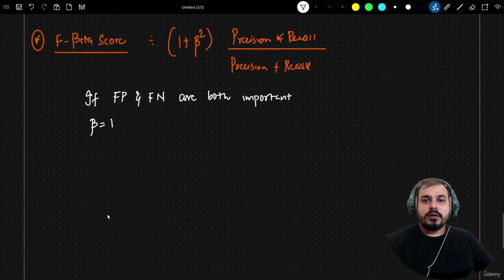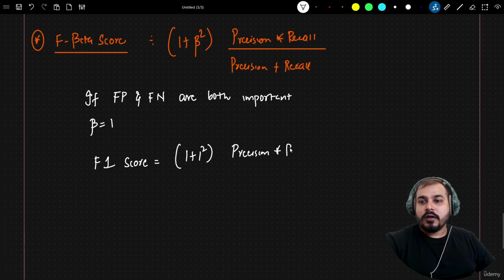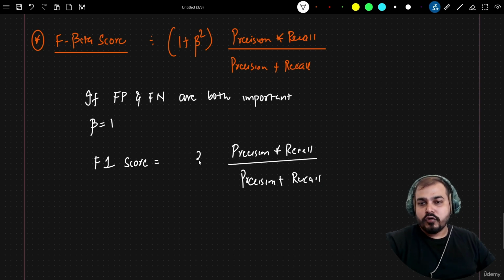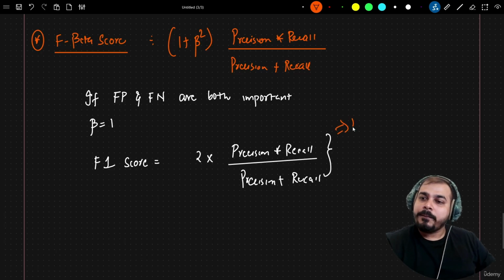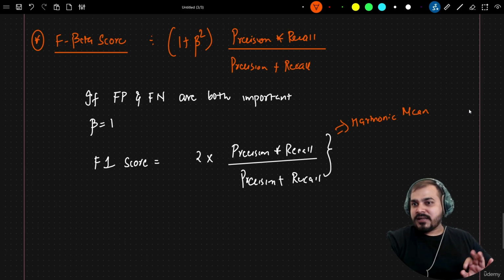This becomes the F1 score: 1 plus 1 square, multiplied by precision times recall, divided by precision plus recall. In short, this becomes 2 multiplied by precision times recall over precision plus recall, and this is called the harmonic mean. I think you have heard of geometric mean, harmonic mean, something like that. So this formula is the F1 score.